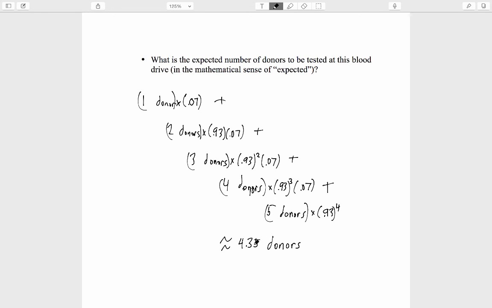That weighted average ends up being rather close to 5. It ends up being between 4 and 5 because the probability that it will require 5 donors is so large. We computed it before. There's almost a 70% chance that we'll need 5 donors. That really pulls the weighted average very close to 5.